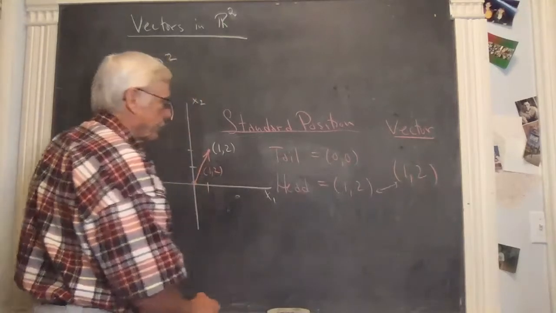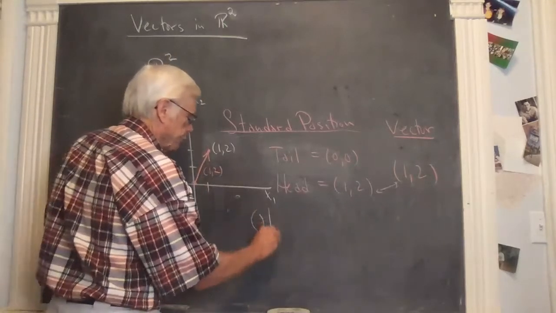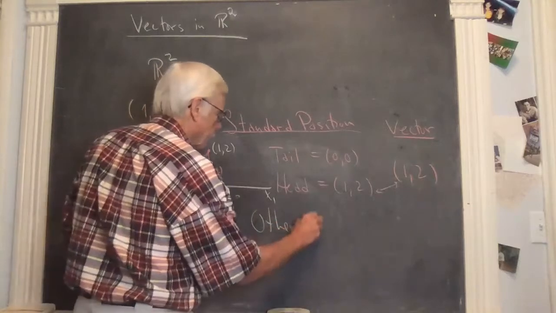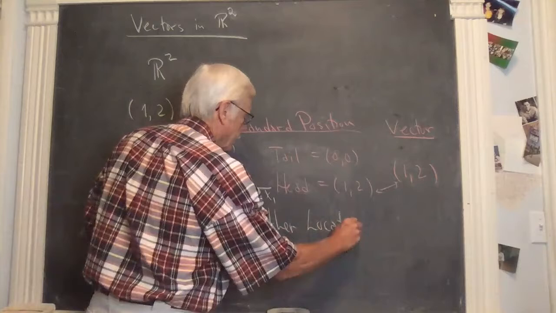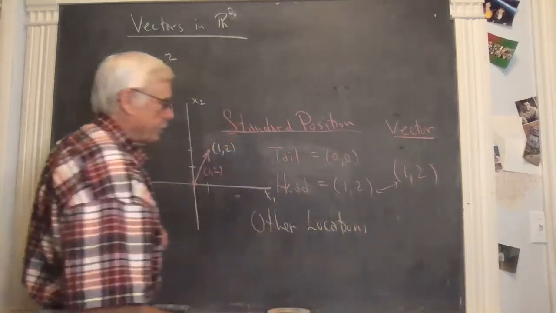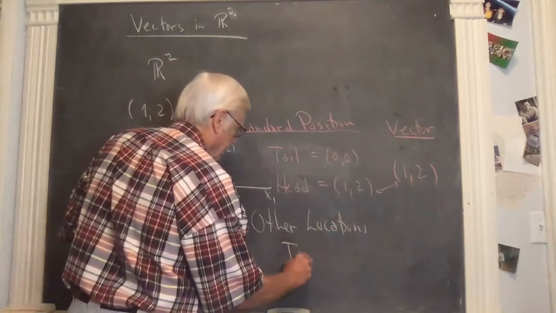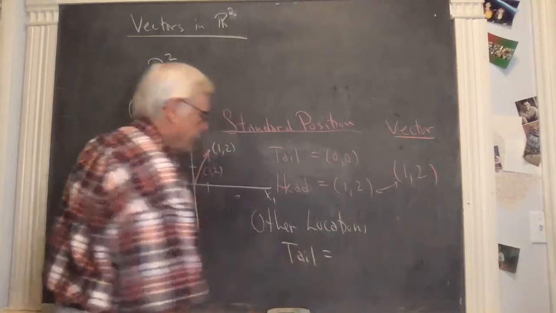The advantage of vectors is that there are other positions, other locations, you might say. To do it, you simply give a different tail.